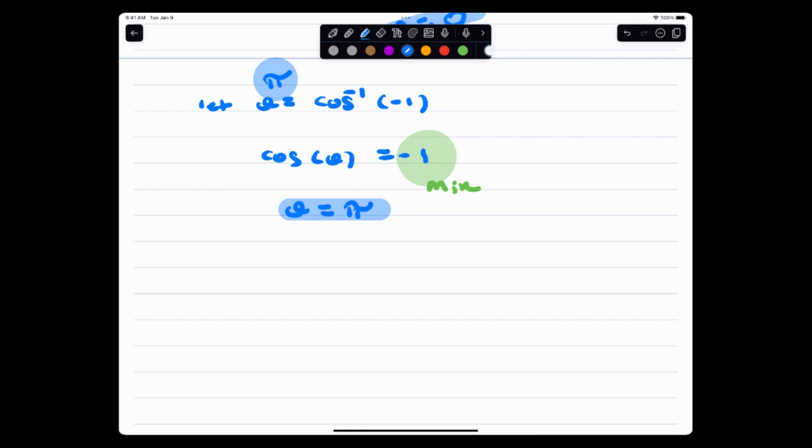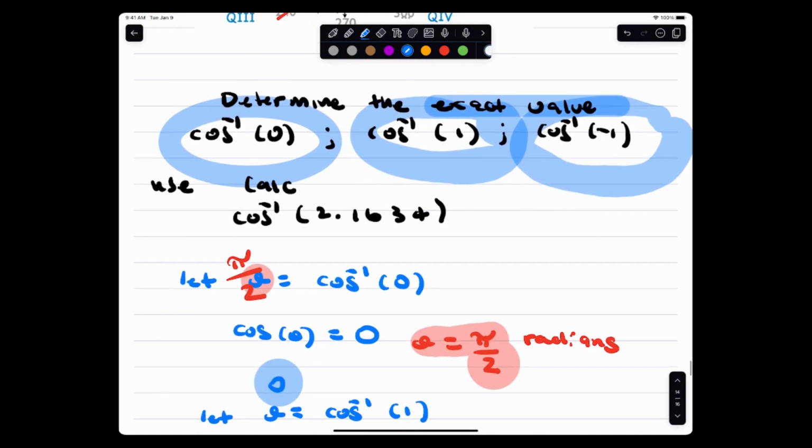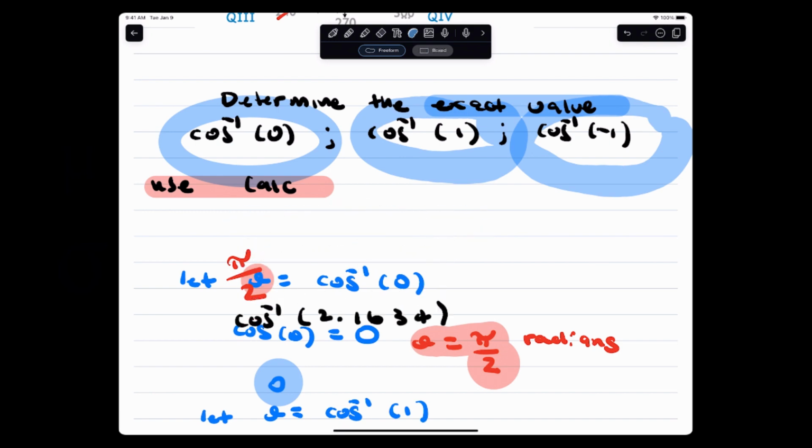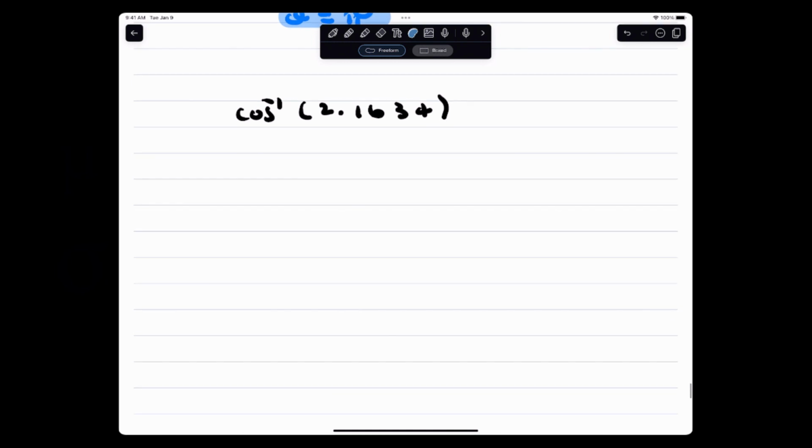What do you guys think? Now, what do they say with this next one? The last one. Remember, we didn't get to this yesterday. They want us to use a what? Now they want us to use a calculator here. So let's look at the details behind this, right?